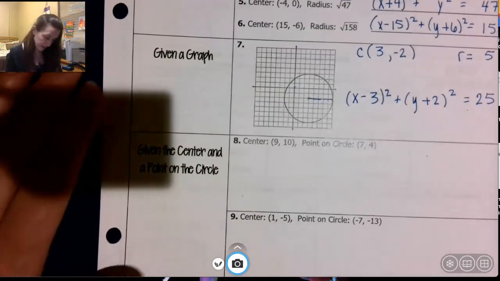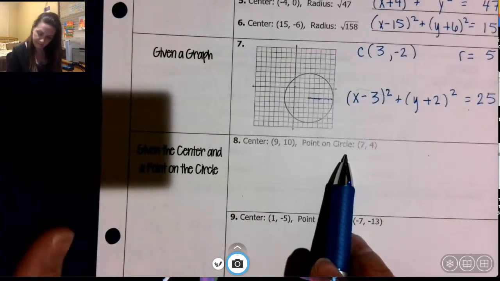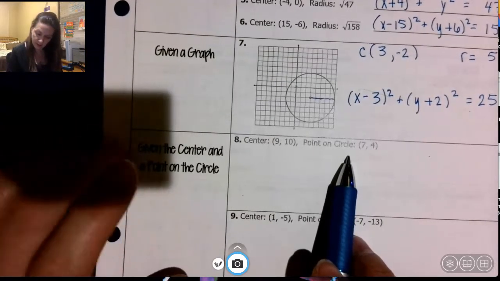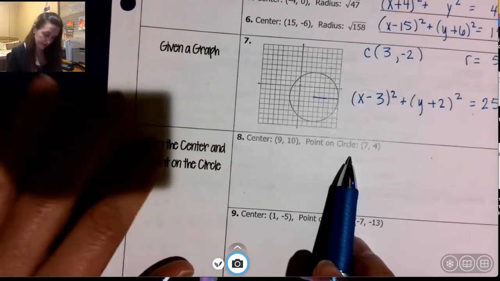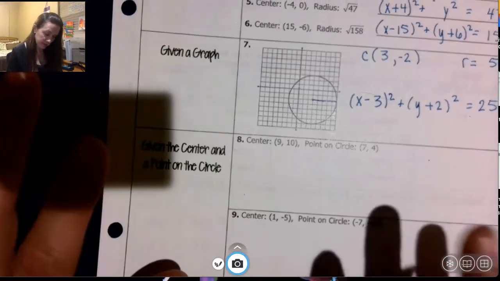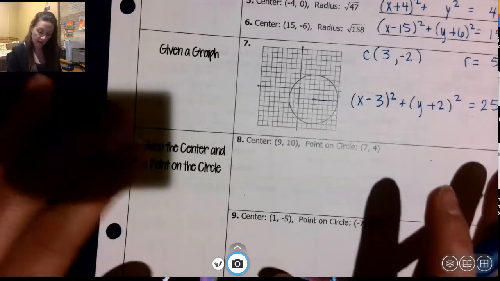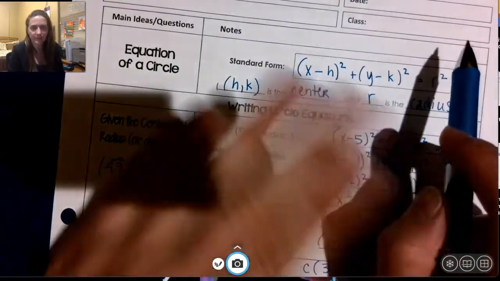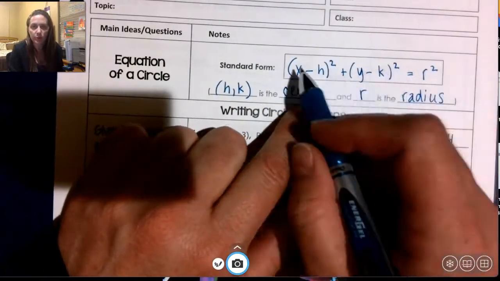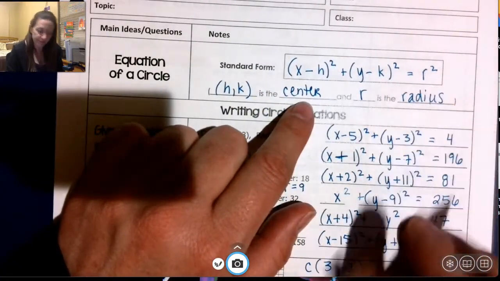Right here, we have the center and a point on the circle. What we need to do is calculate the radius. If this is my equation up here and I square root it, it would be equal to r.